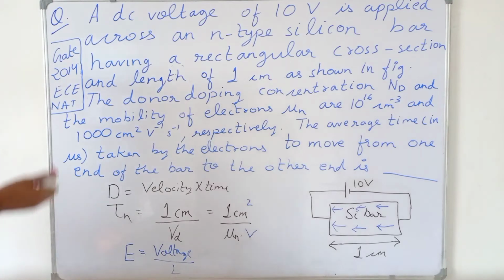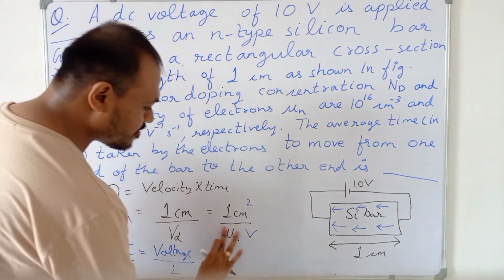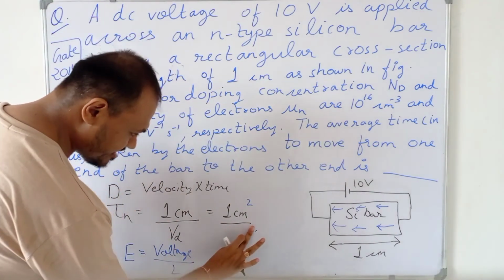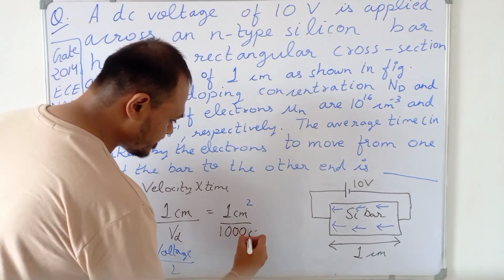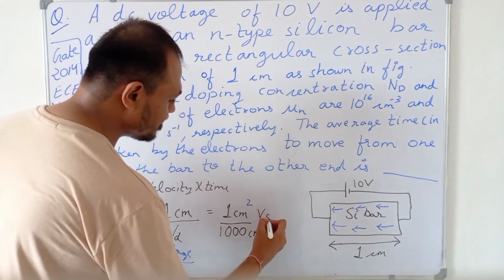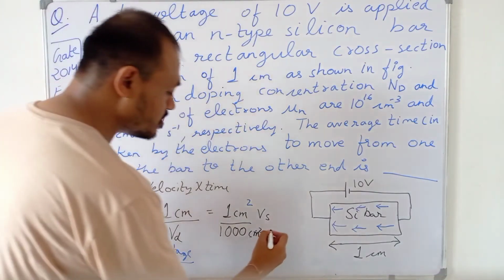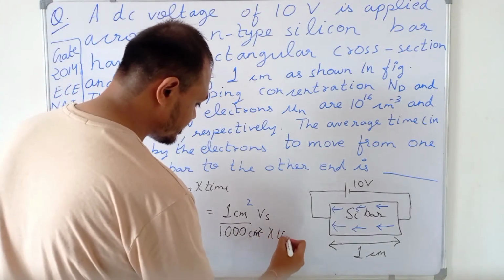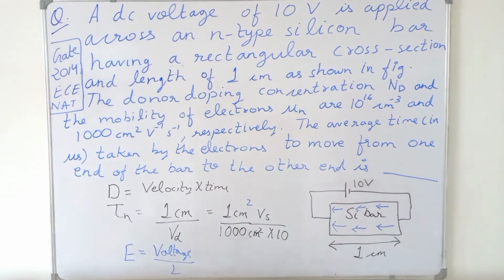So mu n is given as 1000 centimeter square per volt second. So voltage and second will go in the numerator. Then this voltage is 10 volt, so into 10.